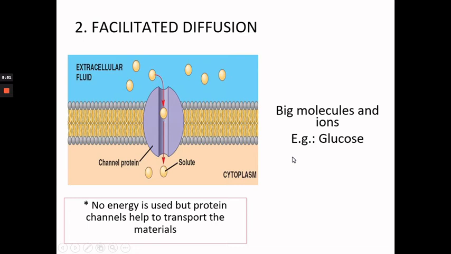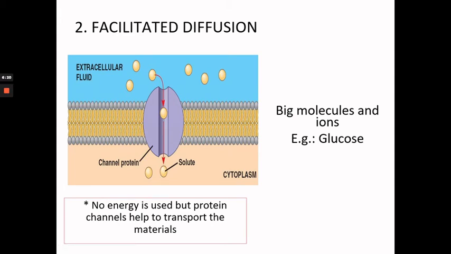So let's look at our second example of passive transport, and that is facilitated diffusion. In facilitated diffusion, the molecules are still moving from a high concentration area to a low concentration area. But the difference is we need proteins to help to move the materials.